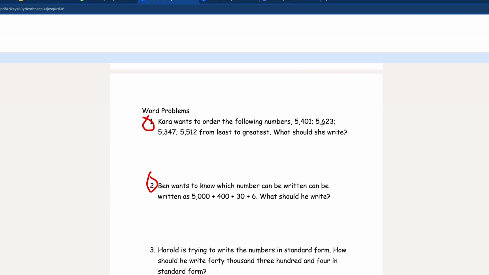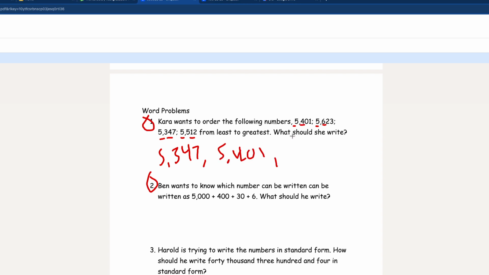As we look at the list, they all start with 5. So we look at the next numbers: 4, 6, 3, and 5. The number 5,347 is going to be the lowest number, so we're going to write that first. And then next in line is 4, 5,401.